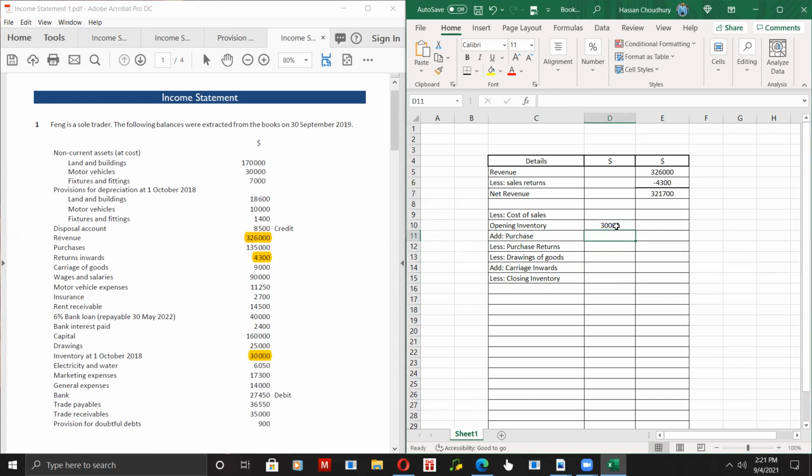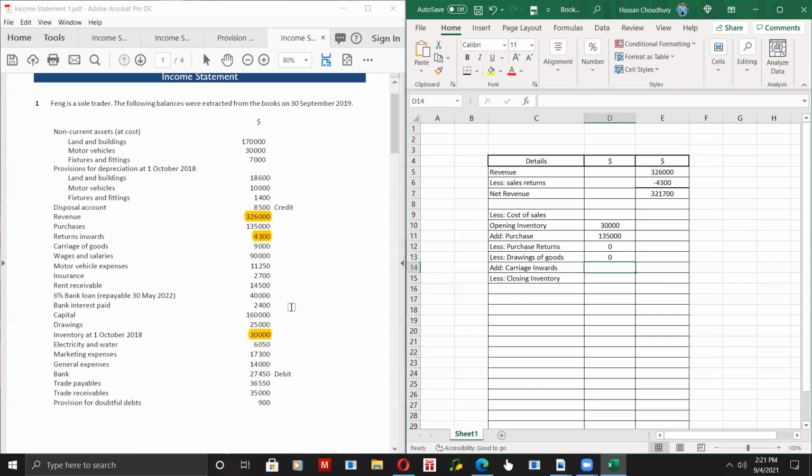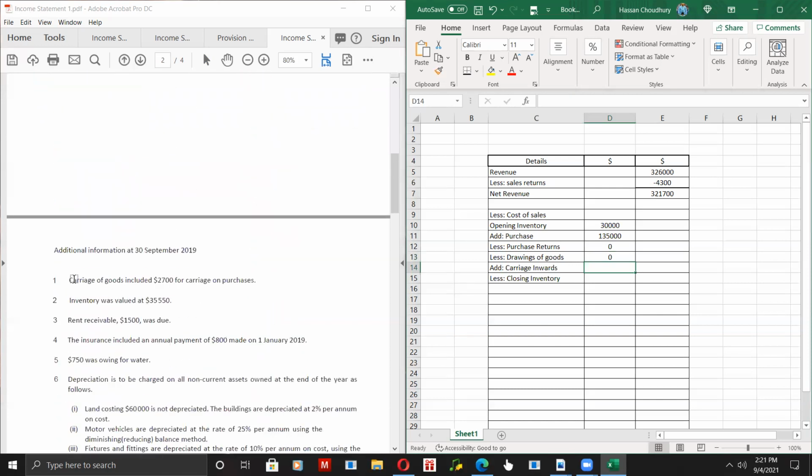Okay, so in this case, opening inventory is always mentioned in the beginning, which is 30,000. We've got our purchase of around 135,000. There isn't any purchase return, so we're just going to put a 0 here. No drawings of goods, carriage inwards. Now the carriage inwards figure, you'll see over here, carriage of goods included 2,700 on purchases. So anything with purchase is carriage inwards because it's part of production. So you put 2,700 here.